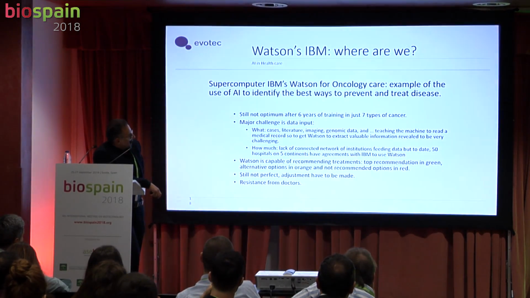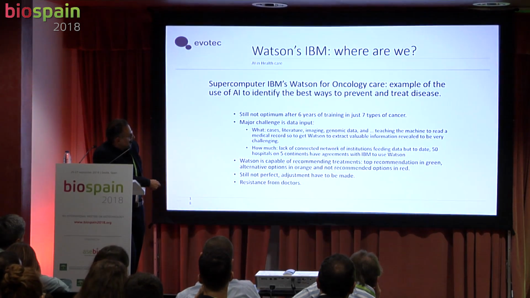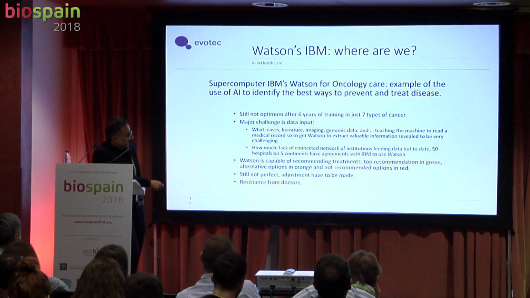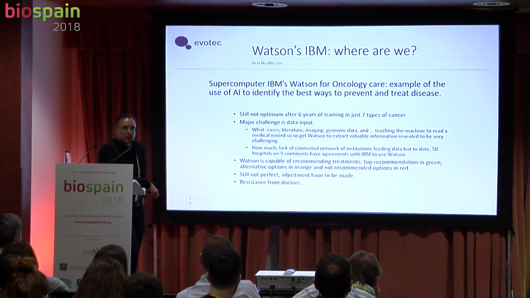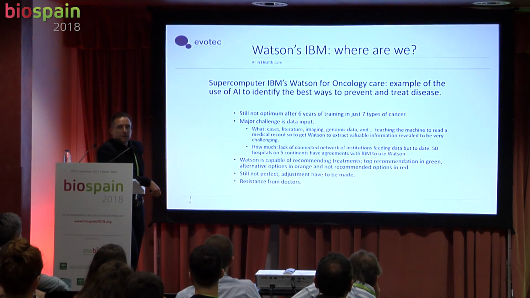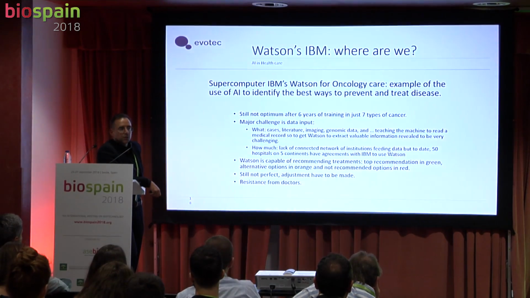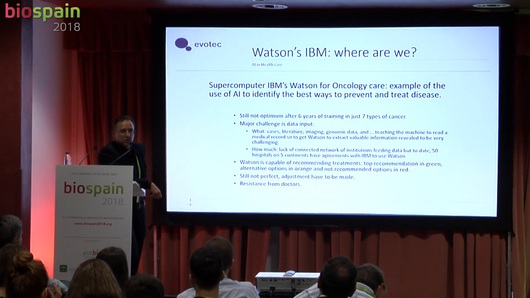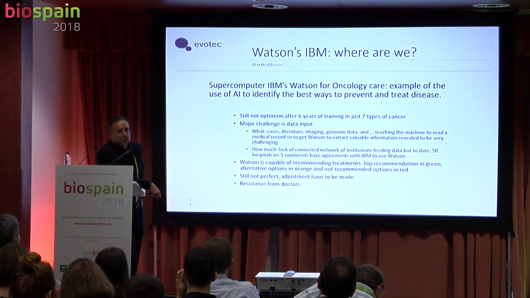And the problem they have now is that the network that they have is still limited. They have 50 hospitals on 5 continents, but it's still limited. So the machine is still delivering a limited output. The feedback from the doctors in all the countries is not really negative, but not really positive either.